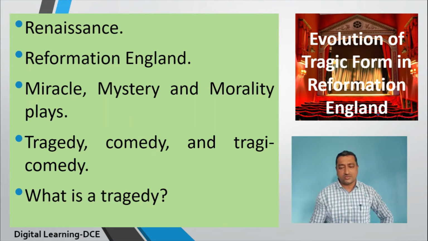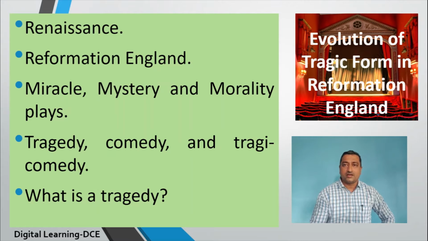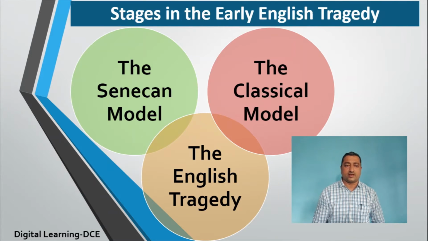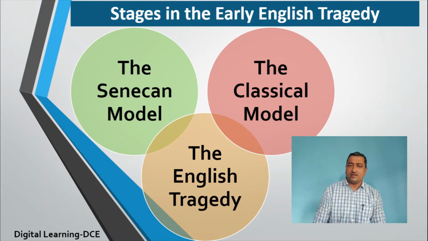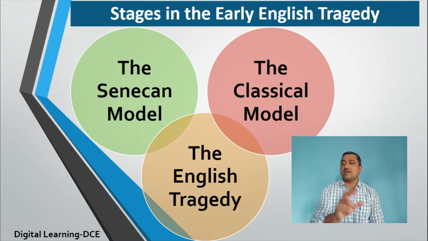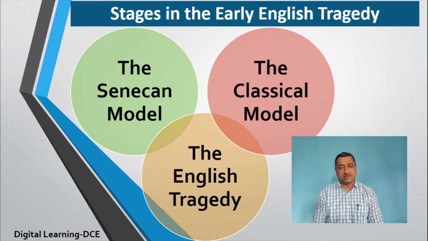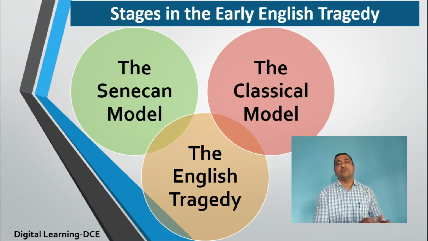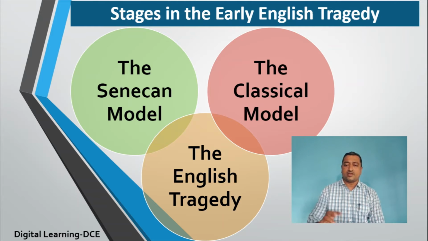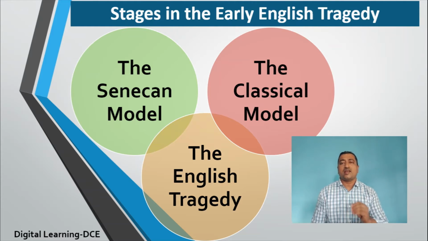Let's move on to the evolution of tragic form in the English context, in Reformation England. When we come to this evolution of tragic form, there are three main stages of early English tragedy. The first one is imitation of the Senecan model. The other one is the imitation of the classical model, and blending them together.